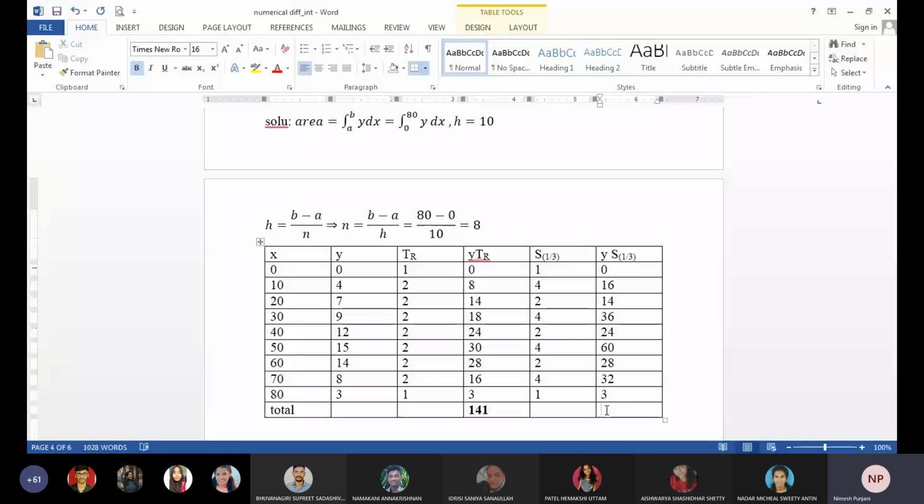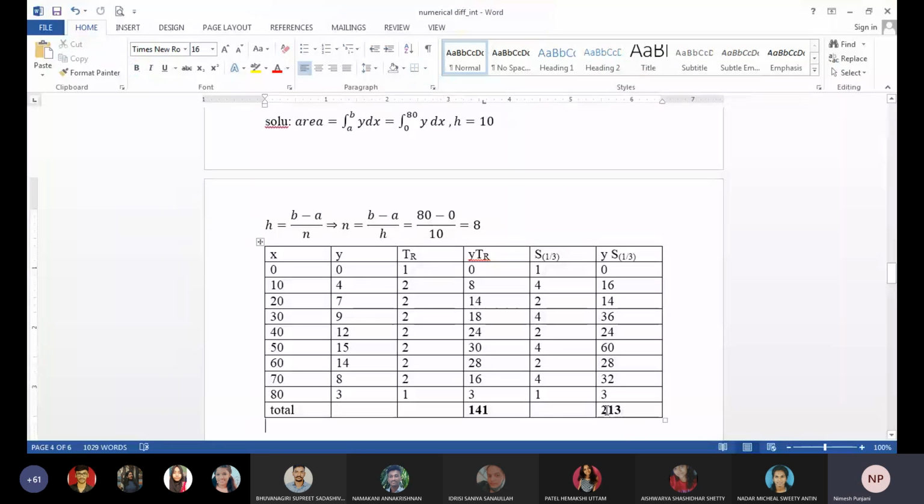So yeah, 181 into 183, 183 and 30, 213. Take the total also. YTR is 141 and YS1 by 3 is 213.